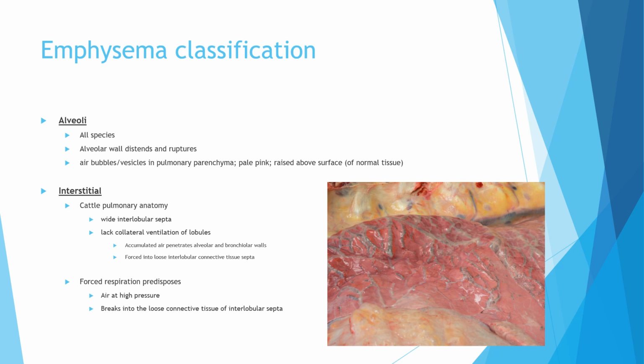The lung parenchyma has variably sized air bubbles in alveolar emphysema, while in interstitial emphysema, because of the pulmonary anatomy of cattle and their wide interlobular septa and the lack of lateral ventilation of the lobules, together with forced respiration at high pressure, the air will break into the loose connective tissue of the septa. Think about this slide, if you're looking at the lung, which type of emphysema do you think we're dealing with here? Think about that, and then let's see if you were correct when we get to class and discuss this further.